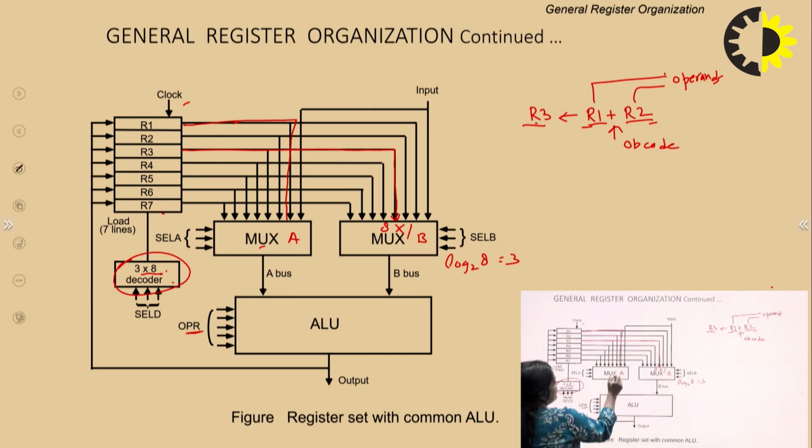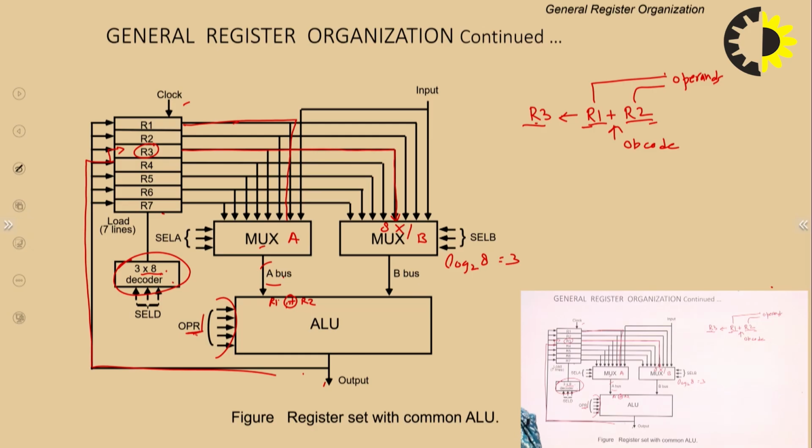So the result will be produced with the help of the A bus, with the content of R1 and the content of R2 here. And the operation is there; this plus operation is selected by the operation code. This particular result will be stored here in R3. R1 plus R2, and the result is stored in R3.